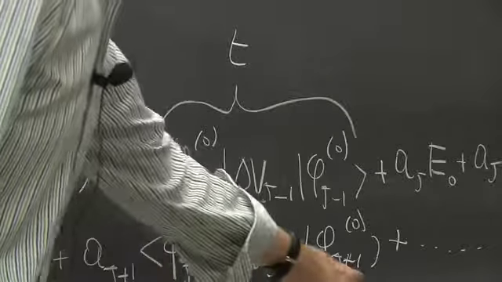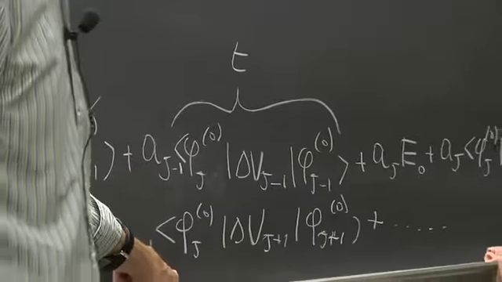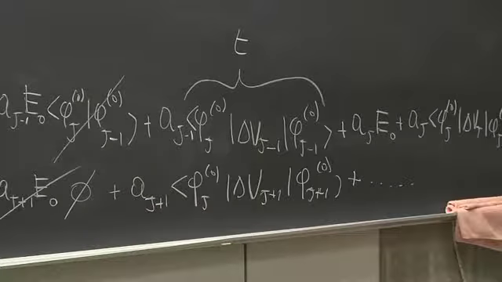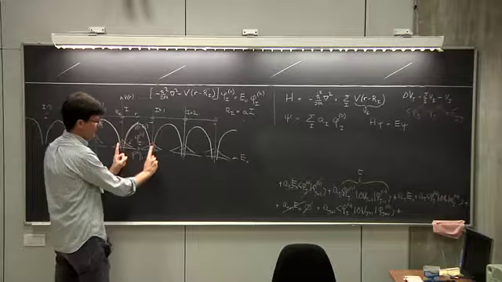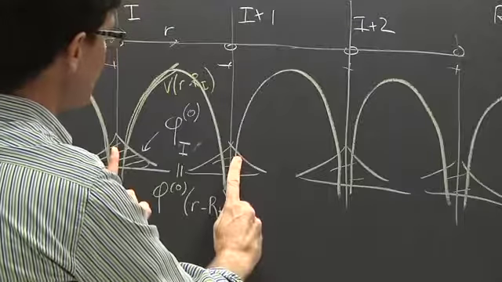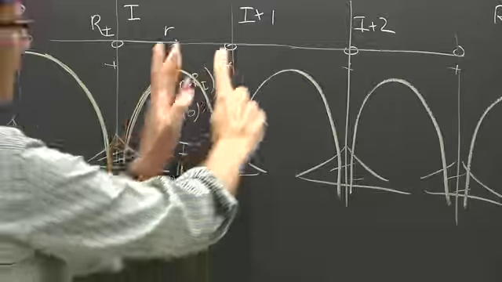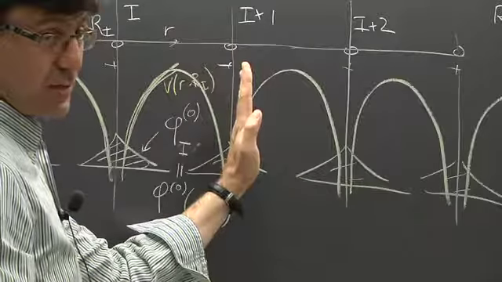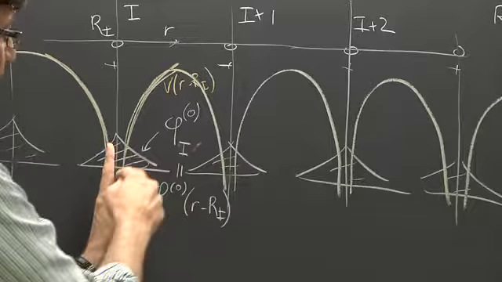Let's see, this term here now, the last one. What is it? Phi j, phi j at a given site, phi at another site, delta V j plus 1. So it's the green potential, but now centered here, j plus 1. Wave function at a nearby site.